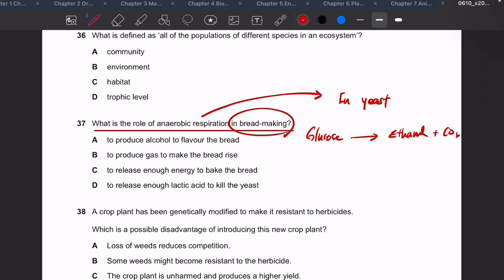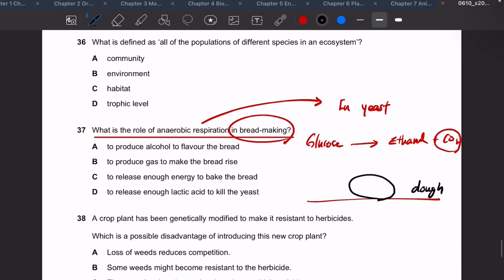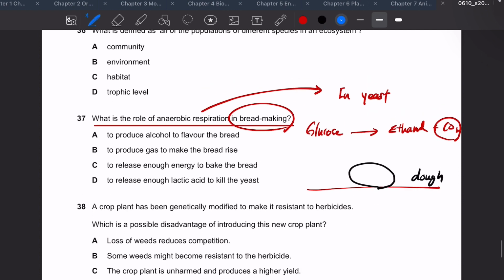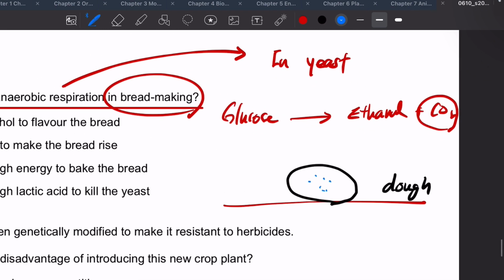So the carbon dioxide that is formed inflates the bread dough. So let's say this is a dough, and if there is yeast in there, without the oxygen, they're going to do anaerobic respiration, and they will form CO2.